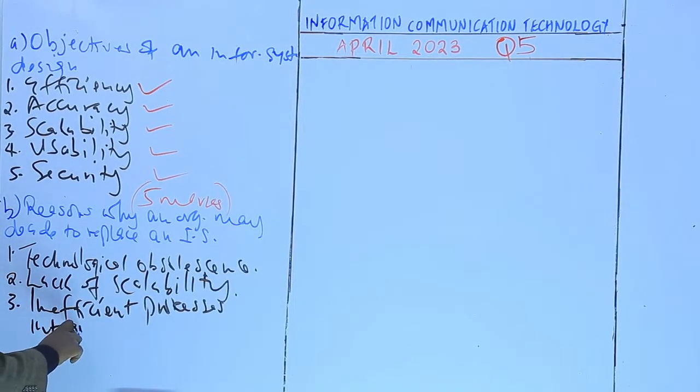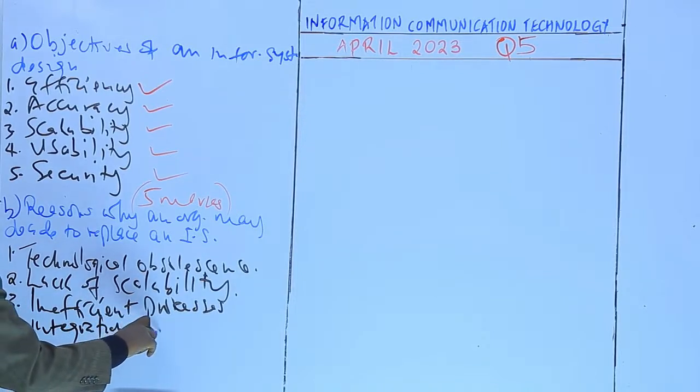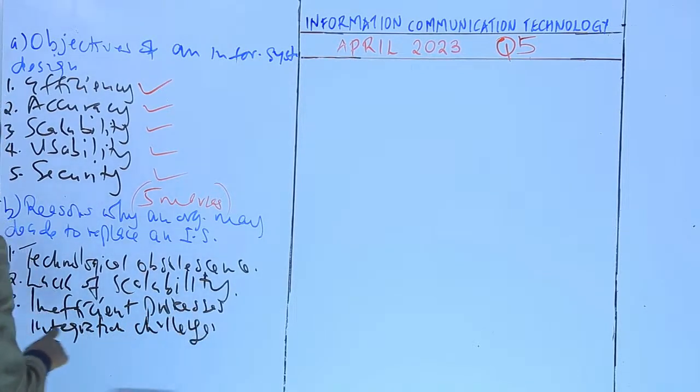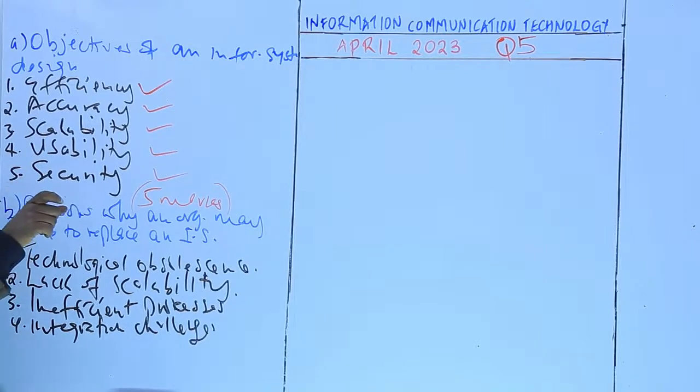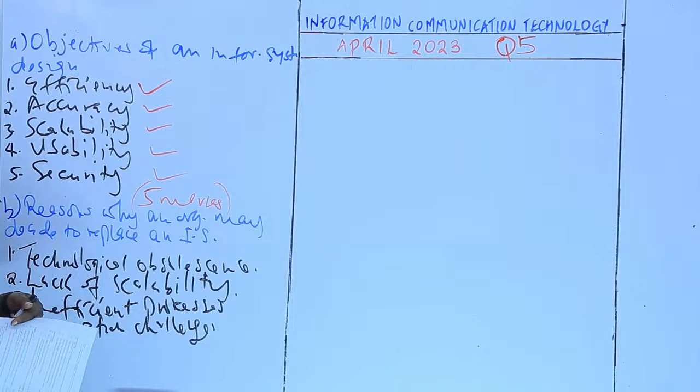Number 4, integration challenges. If the existing technology or information system cannot effectively integrate with the other systems or other applications or other platforms, then it may impede data flow, it may hinder communication, or even create what we call data silos.